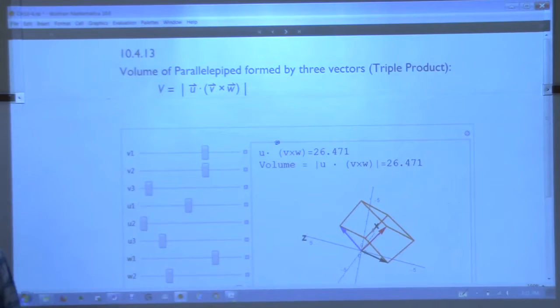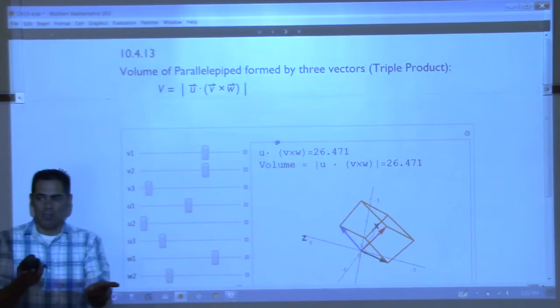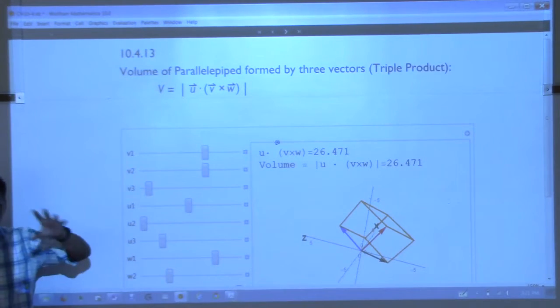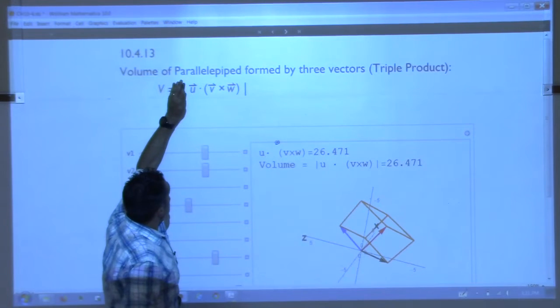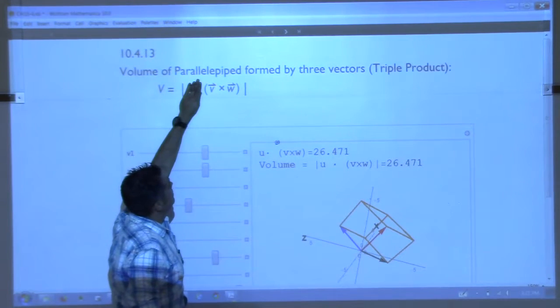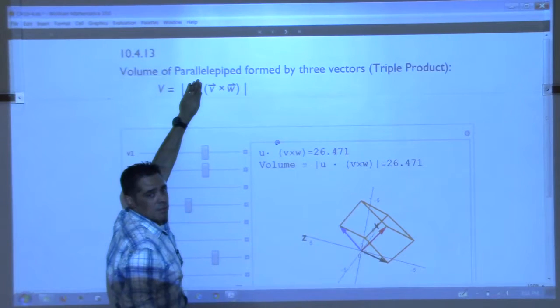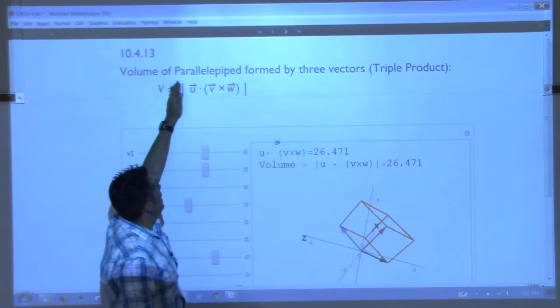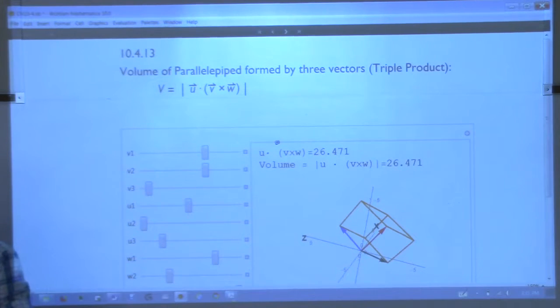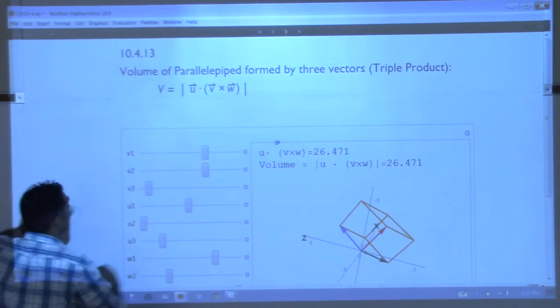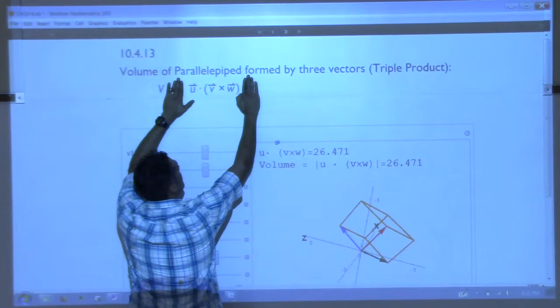And we can find the volume of it using what's called the triple product. So look at what it is. You give me three vectors, and you want to know the volume of the parallelepiped formed by those three vectors. All you need to do is take the cross product of any two vectors. After you're done crossing those, you'll get a vector, won't you? Dot that vector with that third vector, and then take its magnitude. Now, can you tell me right now, is that a vector or a number?